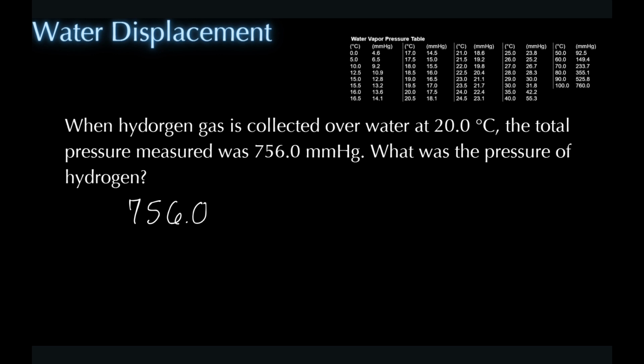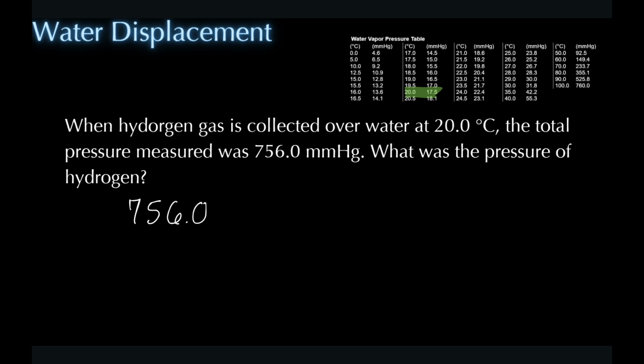What we're going to do is that we're going to look at this table. So at 20 degrees Celsius, we need to figure out what is the pressure of the water. So if I take a look, we're going to find our 20 degrees Celsius. It provides us with a pressure of 17.5.